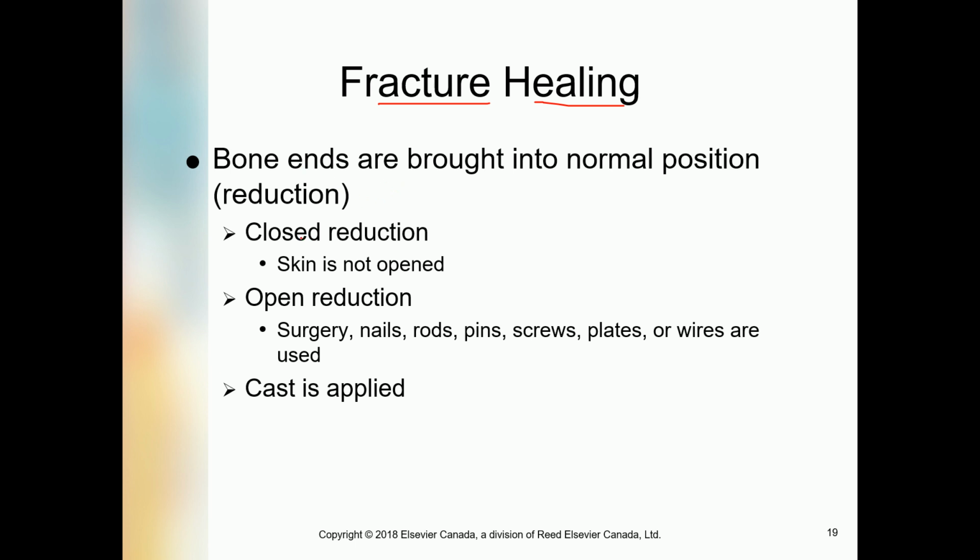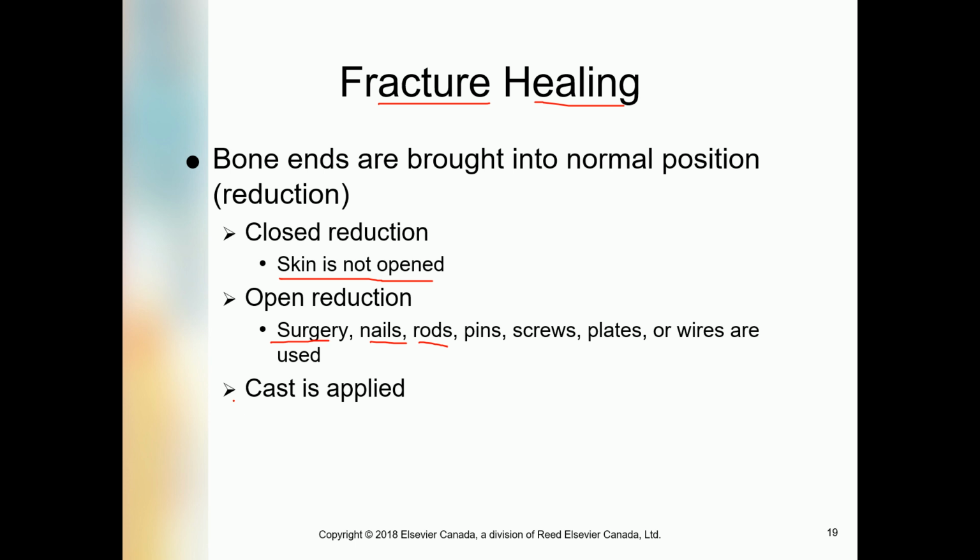There are two types of reduction. Closed reduction: the skin is not opened. In open reduction, surgery is done there, and nails are put there like in wood or logs. Rods, pins, screw plates, and wires are also used for the open reduction of the wound.